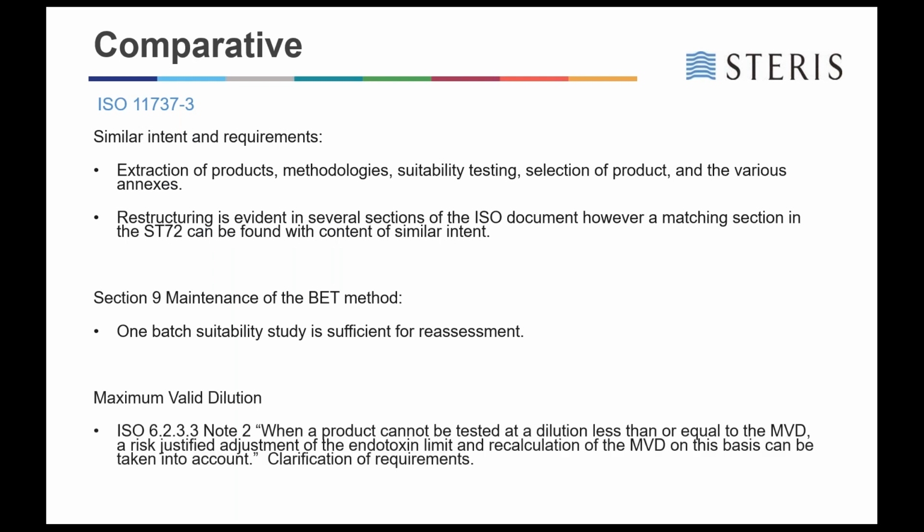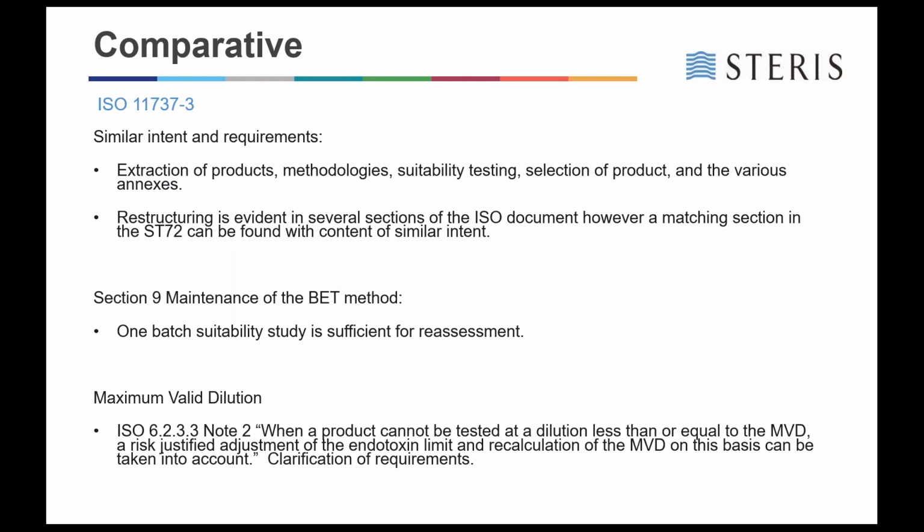Another section that is important to note is the maximum valid dilution. This is within the ISO section 6.2.3.3, in a note, note 2. And there's this note that says that when a product cannot be tested at a dilution less than or equal to the MVD, then there's a risk document that needs to be created in order to justify that.